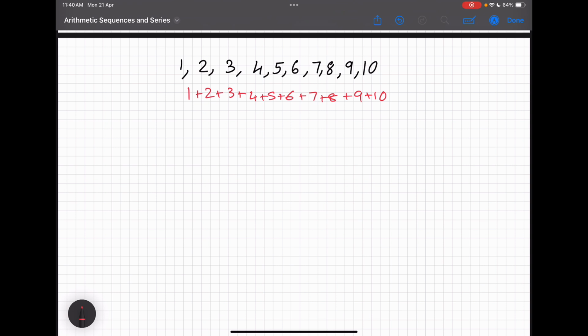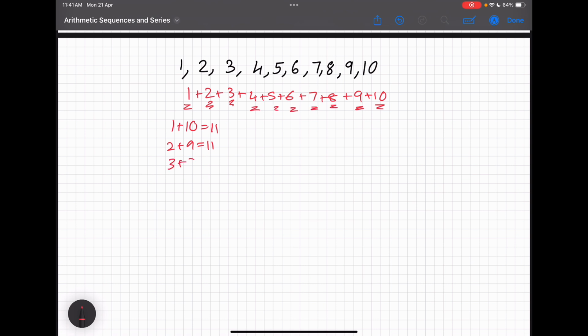So if you notice, if we add the first term and the last term, what does it give us? 1 plus 10 is equal to 11. If we add the second term and the second term from last, 2 plus 9, it also gives us 11. We can pair up each and every single one of these terms.